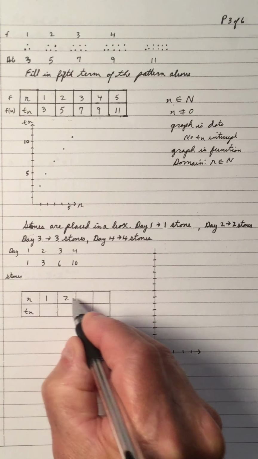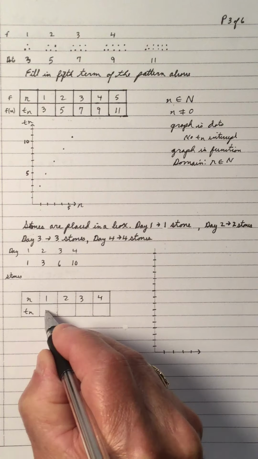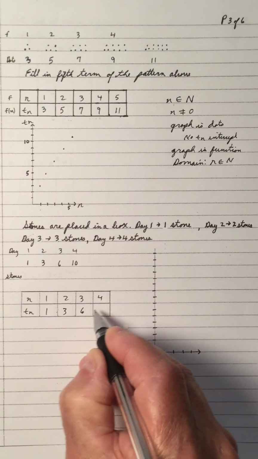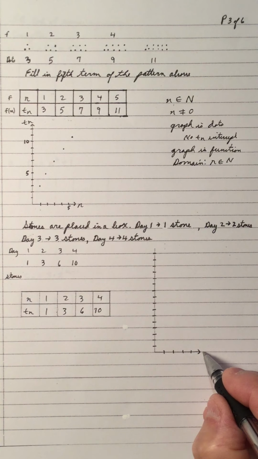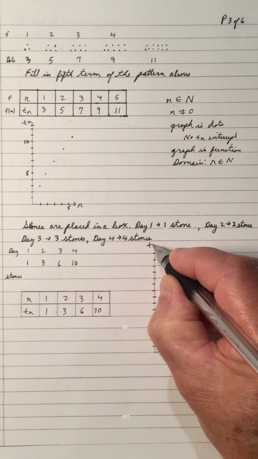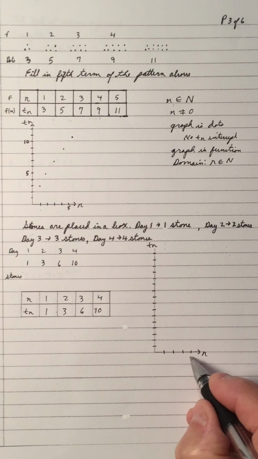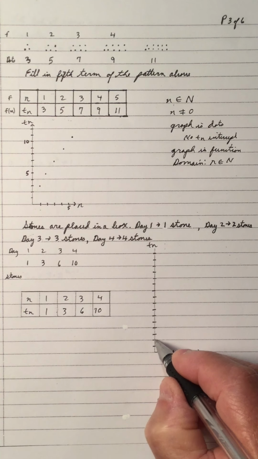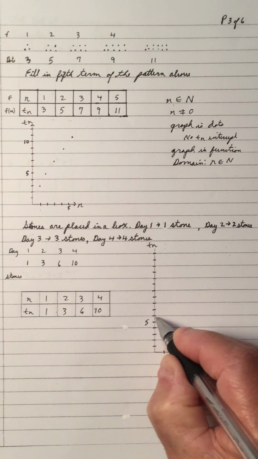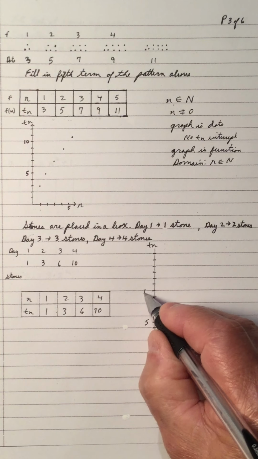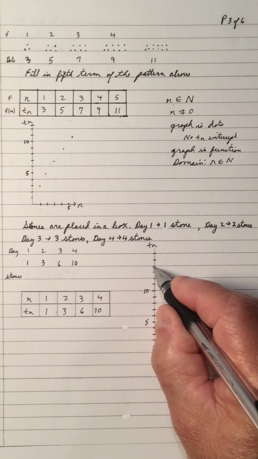So we got 1, 2, 3, 4, 1, 3, 6, 10. So this is n, and this is Tn.